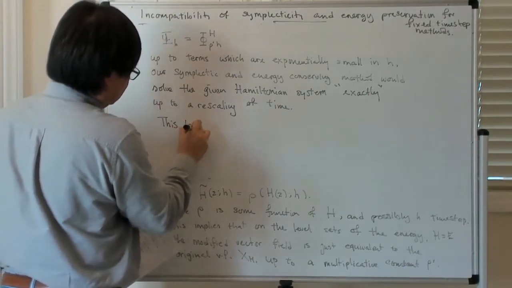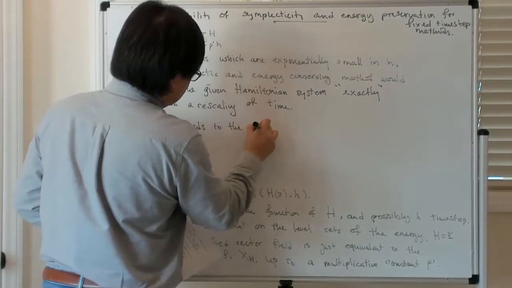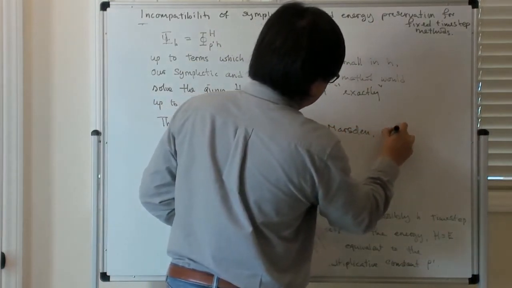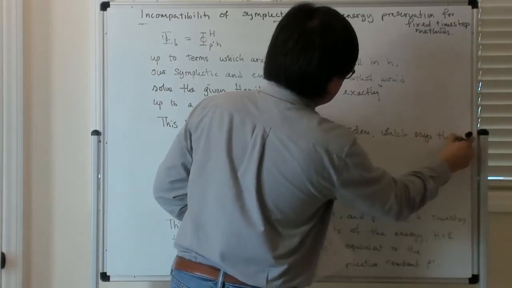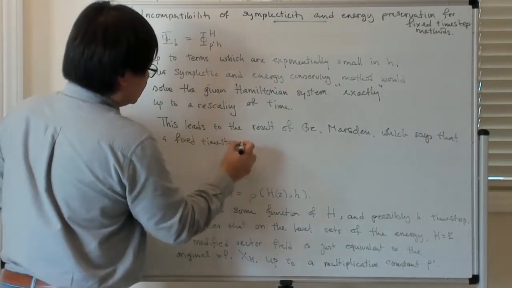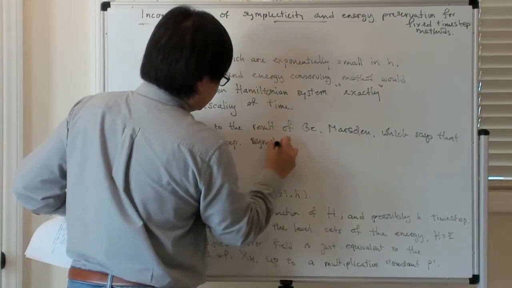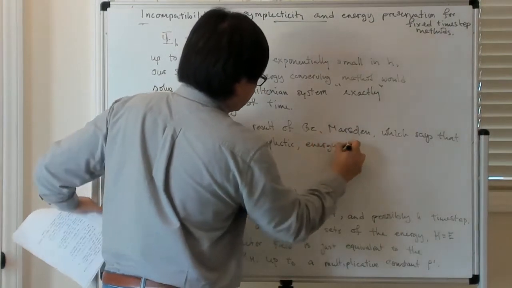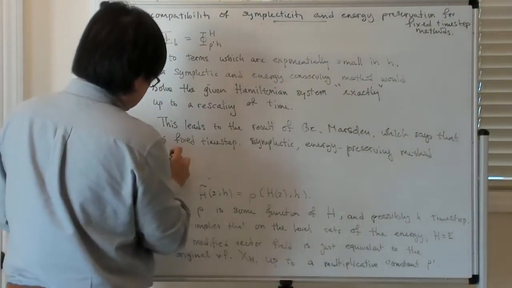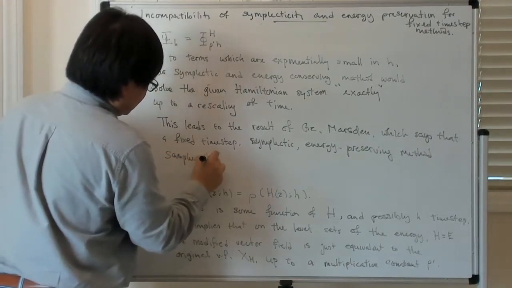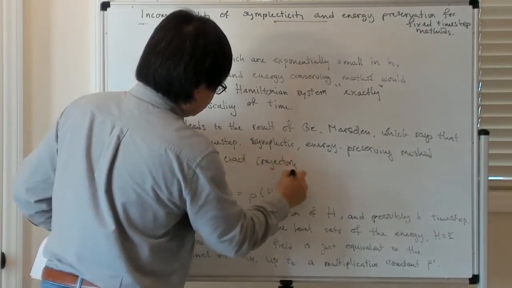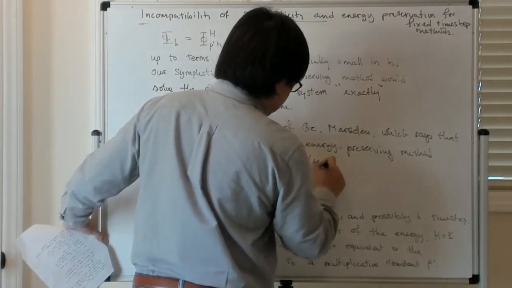So this leads to the result of Gurr and Marsden, which says that a fixed time step symplectic energy preserving method samples the exact trajectory up to a time rescaling.